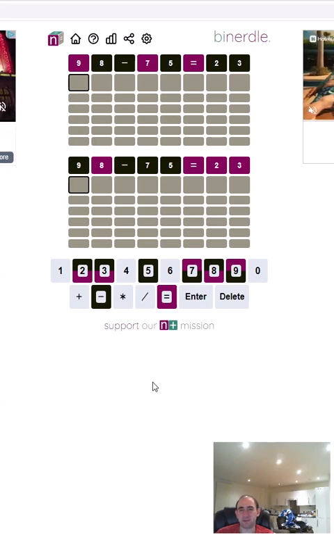Right, what do we want to do with the bottom one? Oh, it's very difficult when the equals is not there, because we don't know if it's a 1-digit answer or a 3-digit answer. A 1-digit answer is difficult without using minuses.